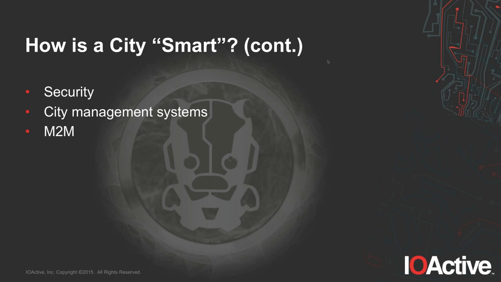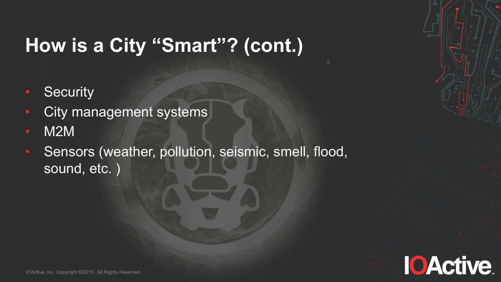Then you have machine-to-machine communication, because all of this technology I am talking about depends on other technology. In this case, machine-to-machine allows different devices, machines, to communicate with each other and to take decisions and actions based on the information they get. And you have sensors for everything.